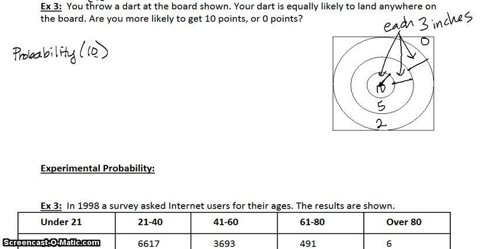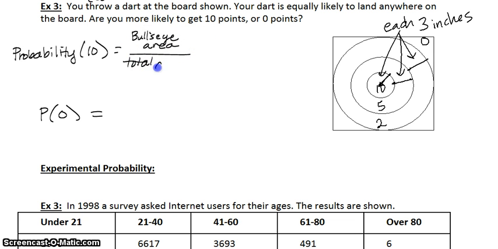So I want to find the probability of getting a 10 score, and I want to find the probability of getting a 0 score. If I was going to get a score of 10, I need to hit the bullseye. And when I'm talking about something like a dartboard, our number of outcomes will actually be the area of the surface.